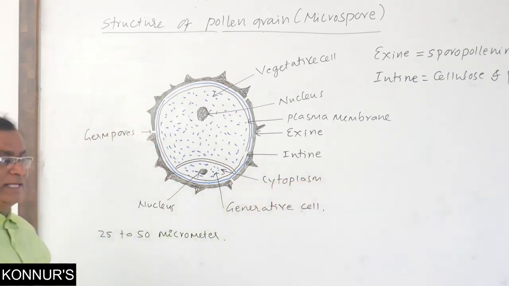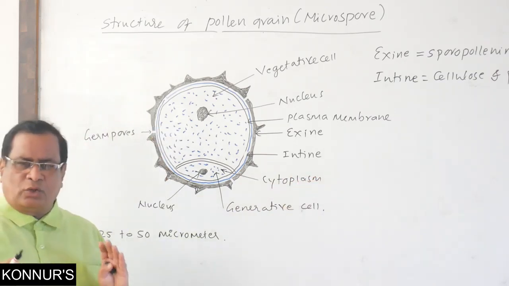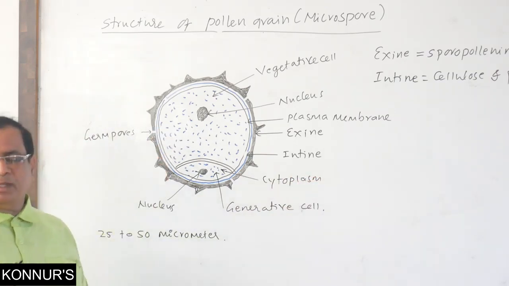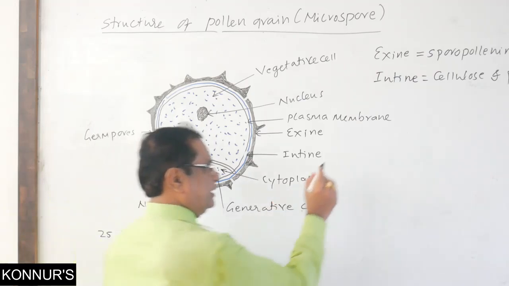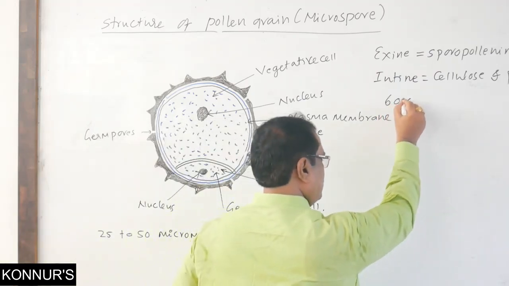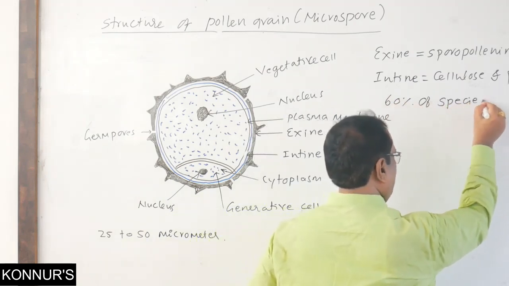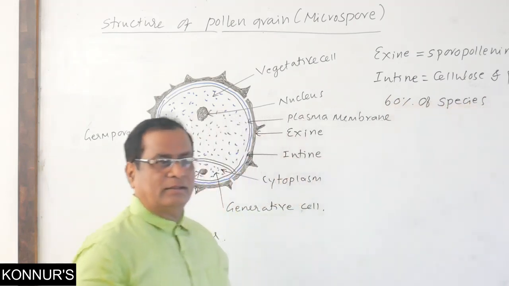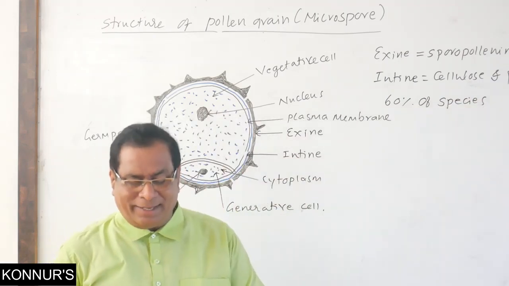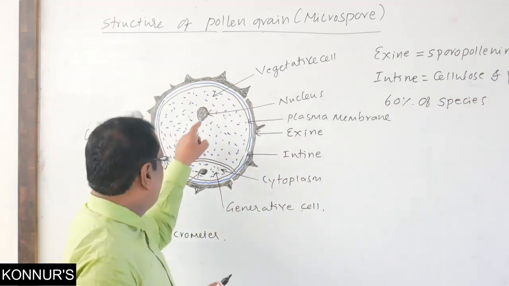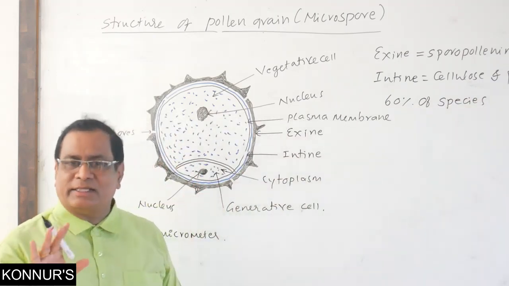But in the vegetative cell, a large reserve of food is there. And in 60% of plant species, pollen grains are shed or released in a two-celled stage.